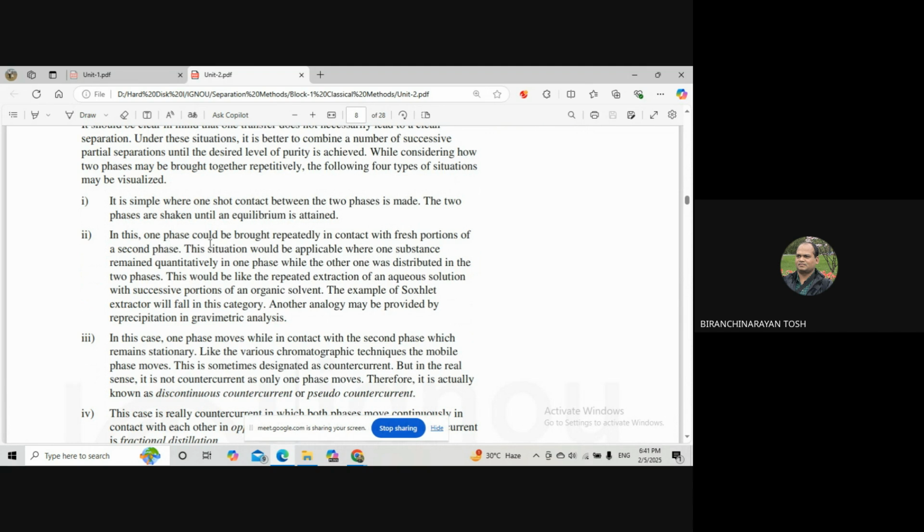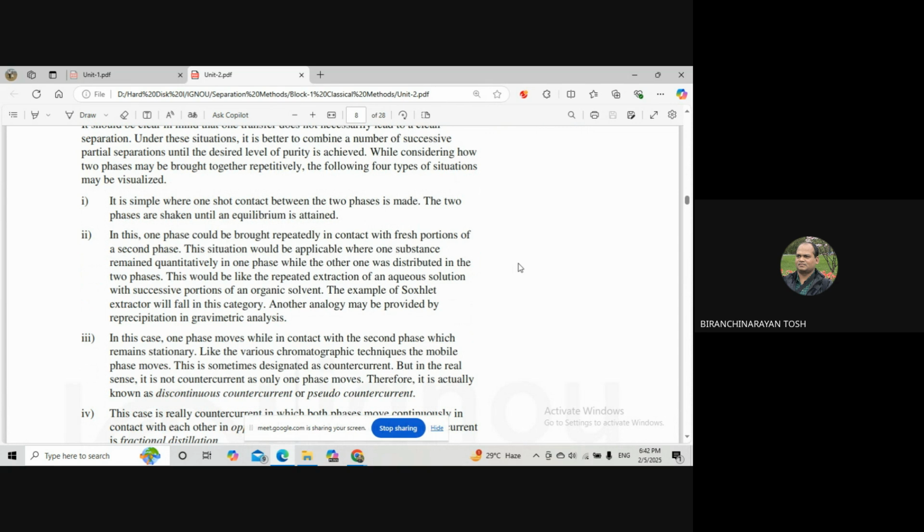Then one phase could be brought repeatedly in contact with fresh portions of the second phase. This situation would be applicable where one substance remains quantitatively in one phase while the other one is distributed in the two phases. This would be like the repeated extraction of an aqueous solution with successive portions of an organic solvent.